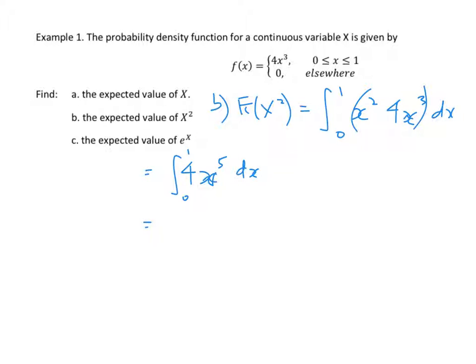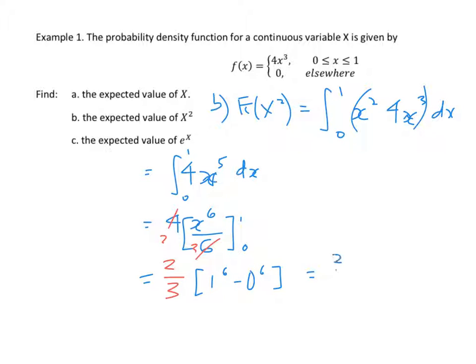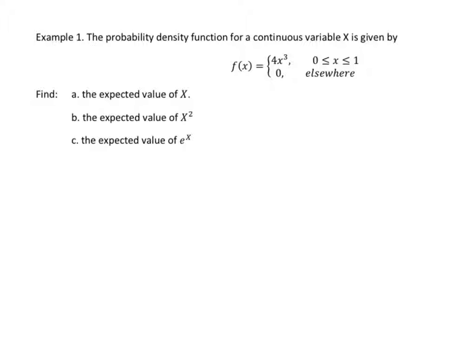And so if we have that as an anti-differentiation, we add 1, divide by the new power, go from 1 to 0. Then we can simplify this by making it 2/3, make that a common factor at the front, which gives us 1 to the power of 6 minus 0 to the power of 6, which is also going to give us 2/3.